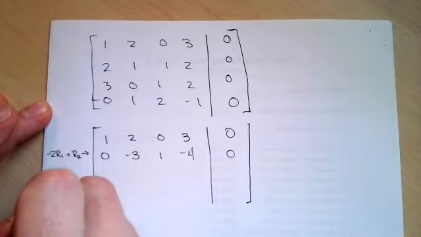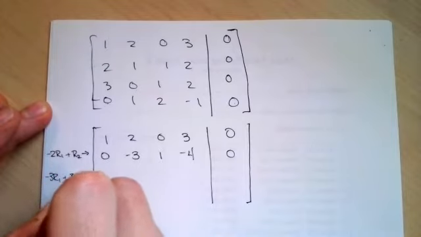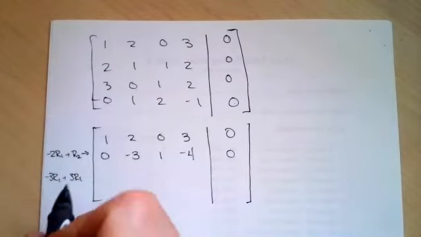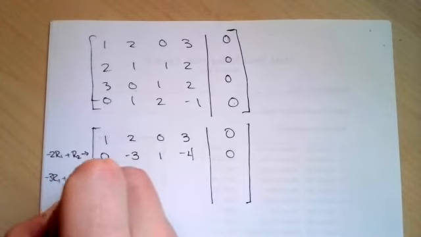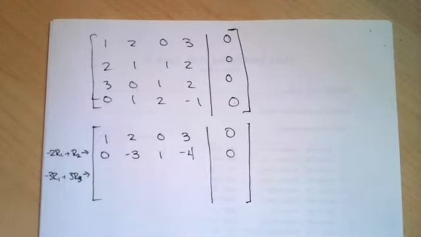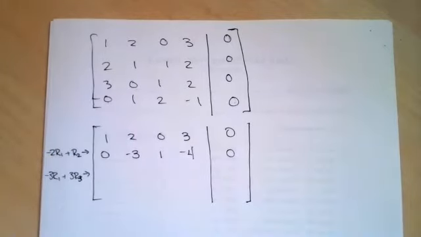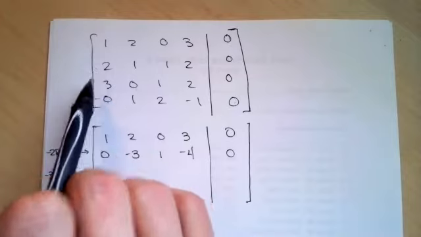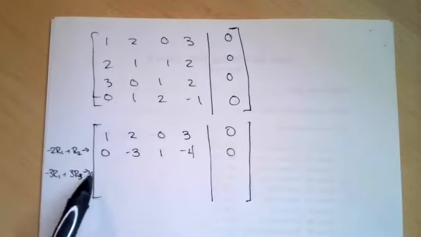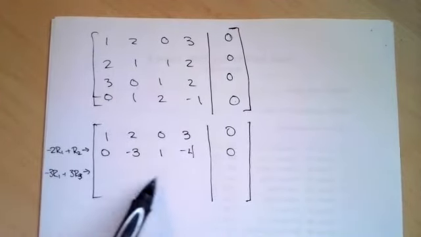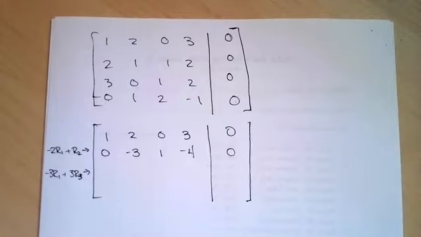So -3 row 1 plus row 3. Of course, doing this, you do have to be careful with notating in the order of things. Since we're using only row 1 to affect the other rows, the order of operations doesn't matter, right? Between doing this one first or doing this one first. And I think most people were good about that.